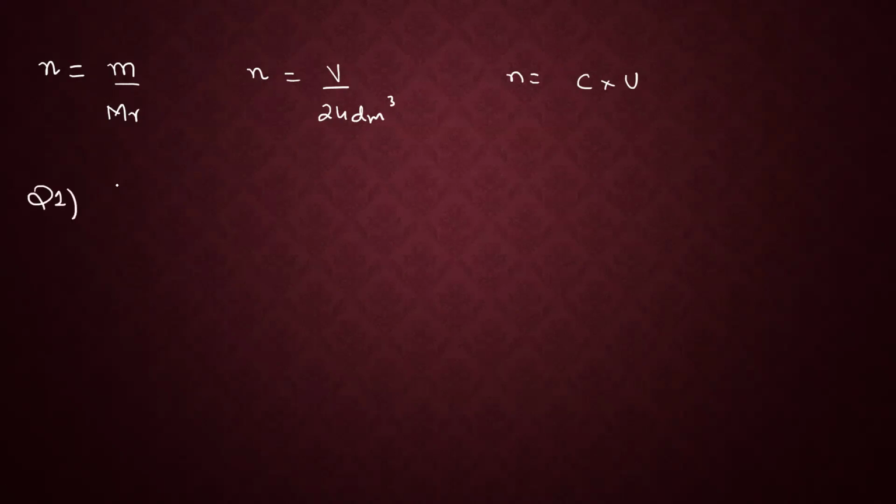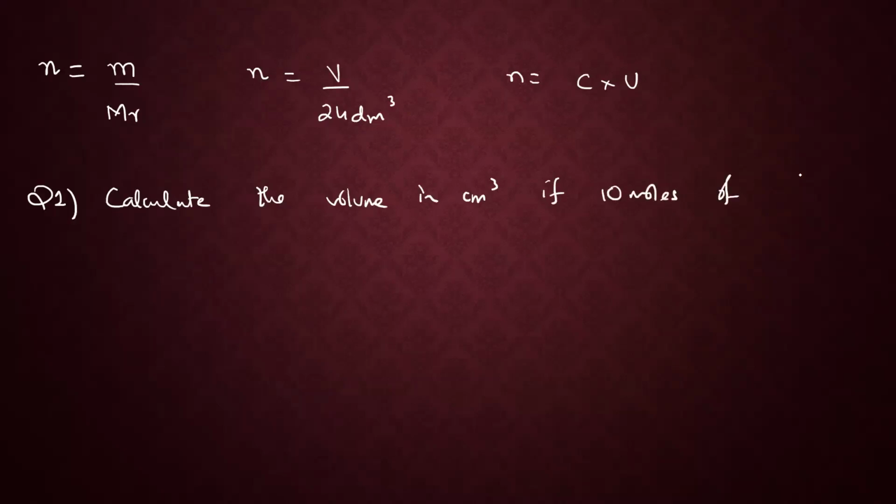Now you are going to decide which of the formulas you're going to use. So calculate the volume in cubic centimeter if 10 moles of glucose are dissolved in water. Question 2.